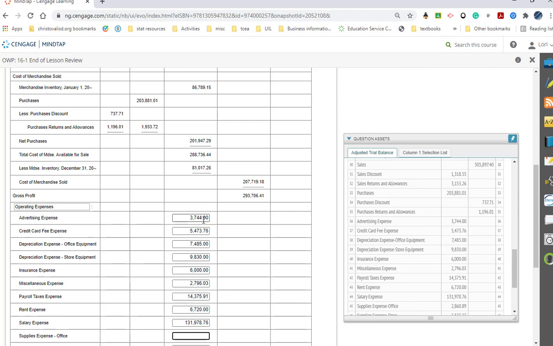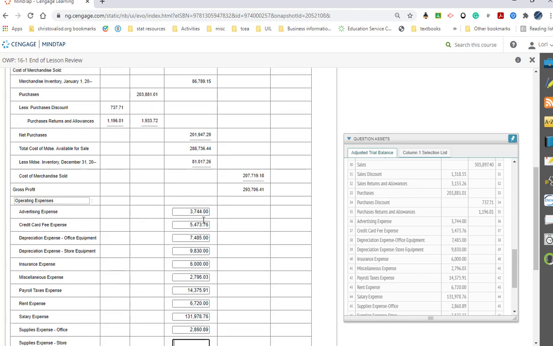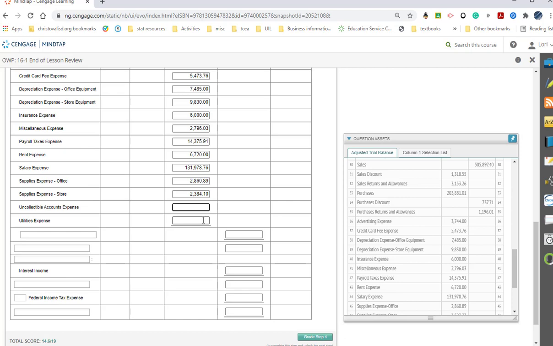Our supplies expense for the office was $2,860.89. Our supplies expense for the store was $3,523.33, and our uncollectible accounts expense was $2,384.10. Our utilities, I got off on the line.